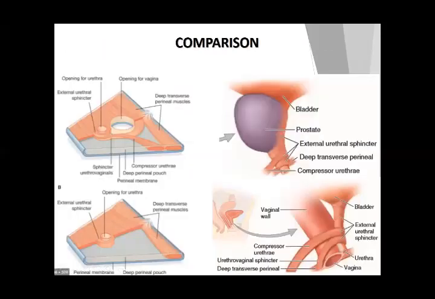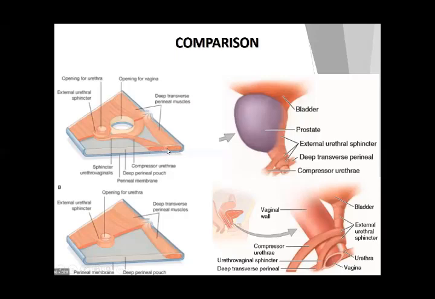Comparison मैं आपको दिखा देती हूँ. This is the kind of flat structure that was present in the past when we studied it like this. Inferiorly is the perineal membrane, and superiorly over here is the superior fascia of the urogenital diaphragm. Between the two is the deep perineal pouch, okay? And these muscles are lying in the deep perineal pouch.